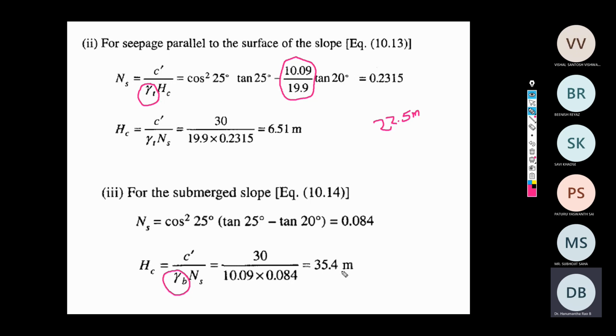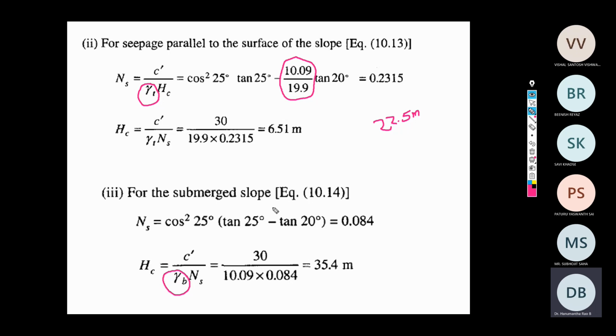Now my simple question is, why is the height requirement high in case of the submerged condition as compared with the dry condition? Anyone could throw some light? Sir, can you please repeat? See, we have calculated 3 critical heights of the slope for 3 conditions.